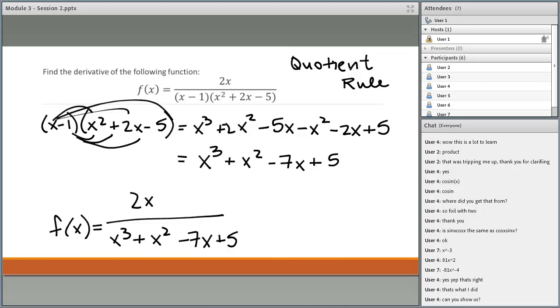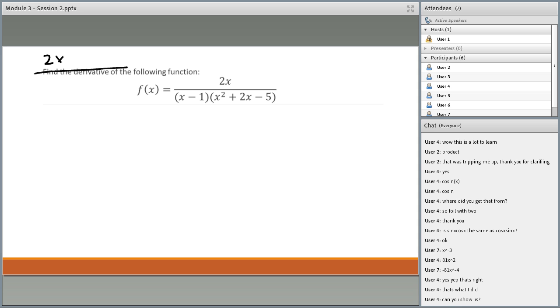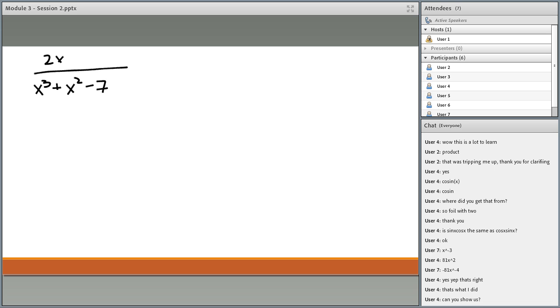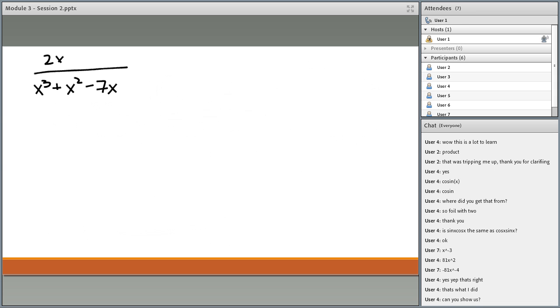So now I don't have to use the product rule in the denominator because I've already distributed and simplified. So let me go to the next page. Just rewrite what we just found. Five. Okay. Just making sure I didn't lose a negative sign.